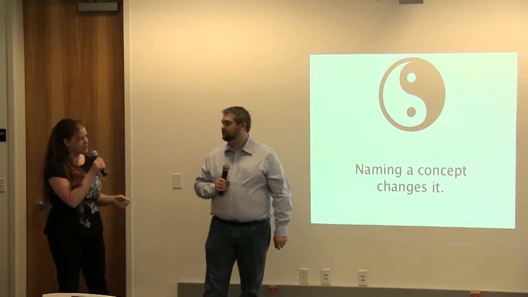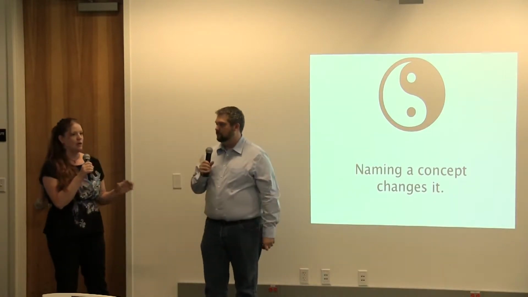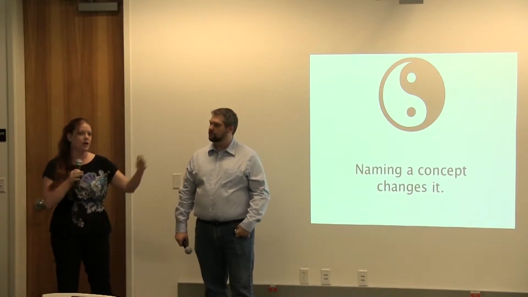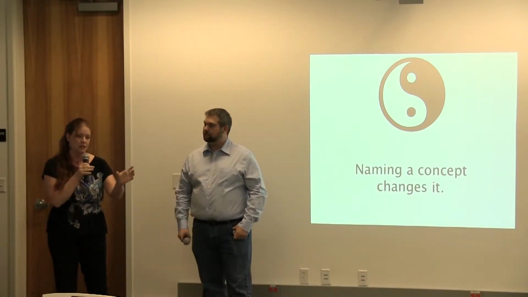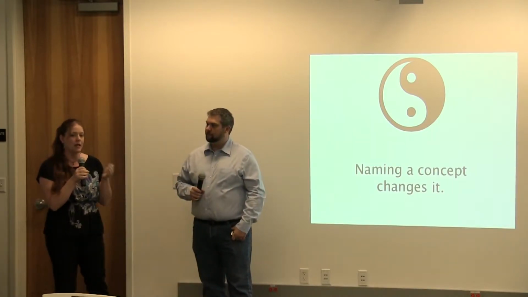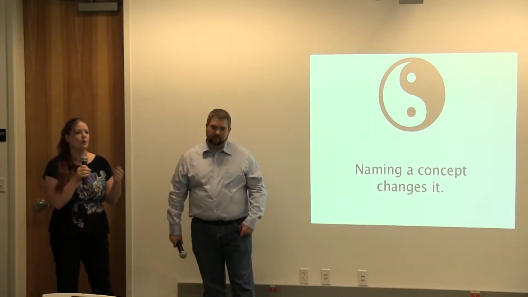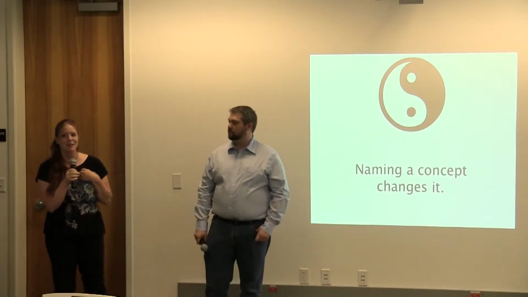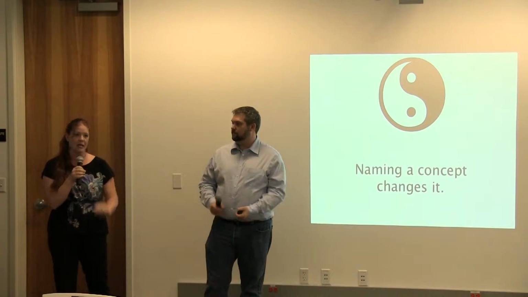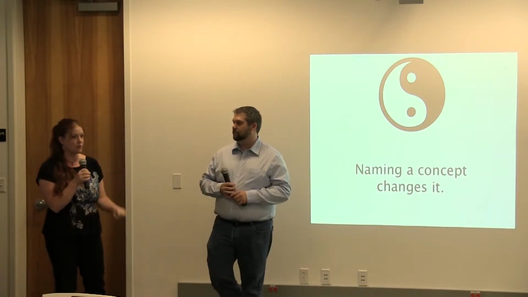But naming things changes them. It locks them in place. Something could have been all kinds of things until you name it, and now it's just that thing forever. It also carries along with it connotations, because what a word means to me is not necessarily what it means to you. So when I name something, I give it all the baggage you have attached to that word.